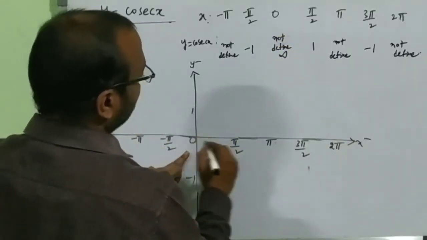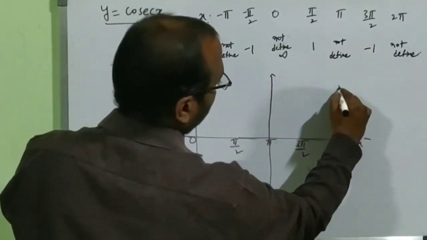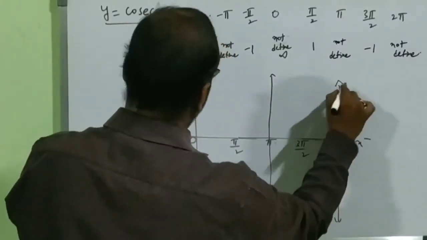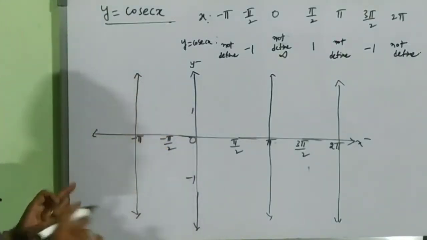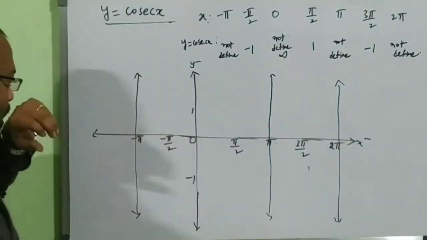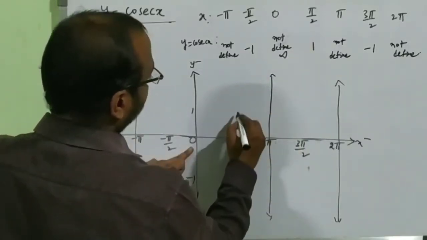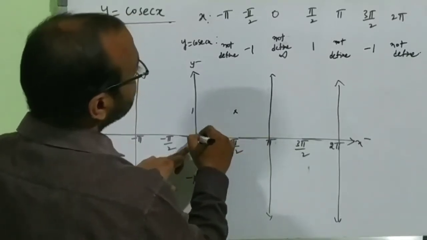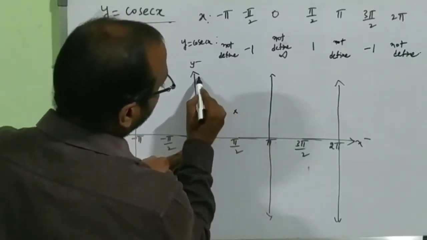And where this is not defined, at the values of pi and 2 pi and minus pi, where that is not defined, we have to make a line. Right. Cosec pi by 2 is 1. Cosec 0 is infinity. So, next to cosec pi is not defined. It will be like this here.